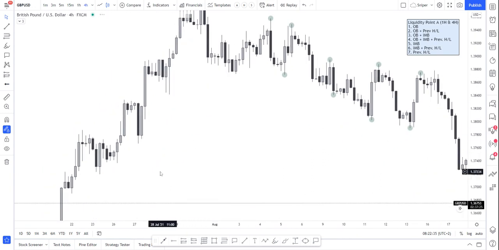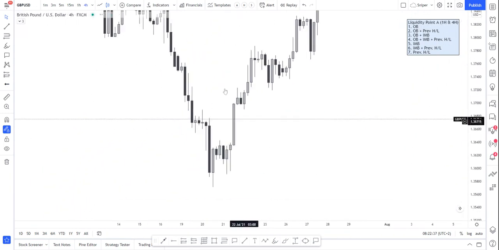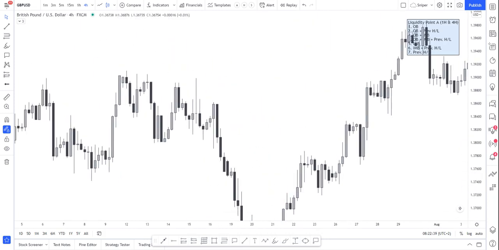Then we can just look at one more example. I want to show you something specific. Here we have a high as well, and then price moves lower. There we have a high as well. So how we look at highs and lows, we look at them as areas for price to reach, and we're also looking for price to sweep them.